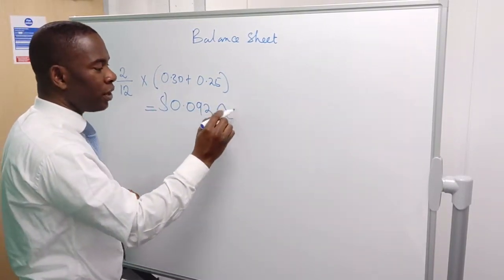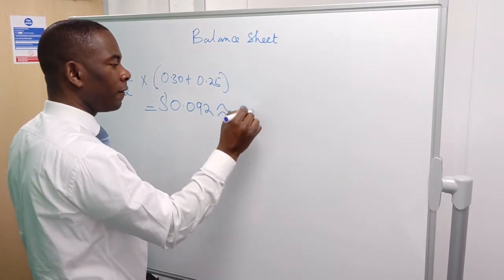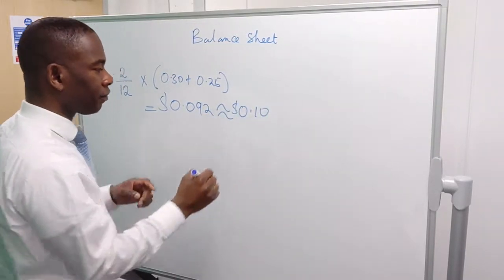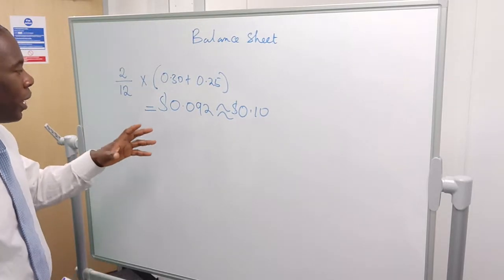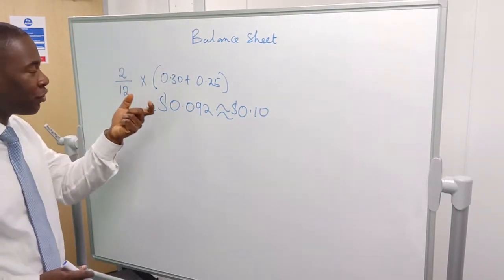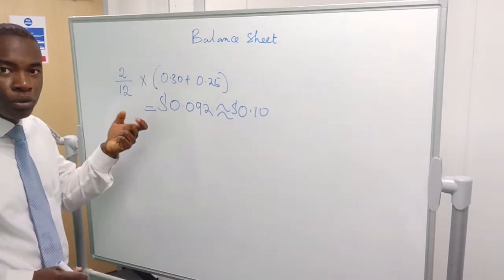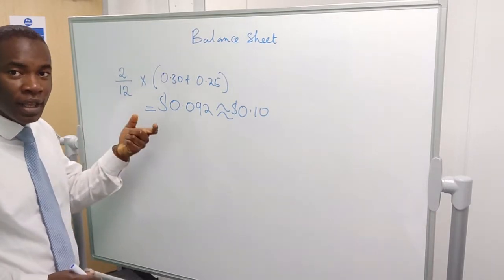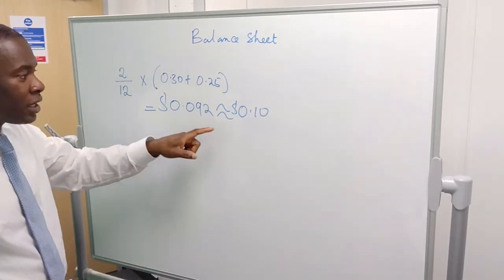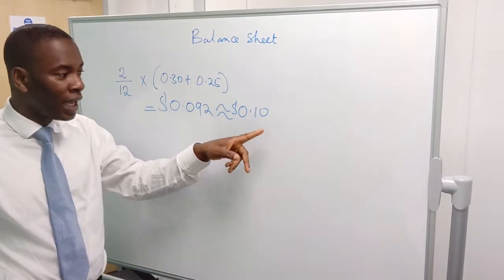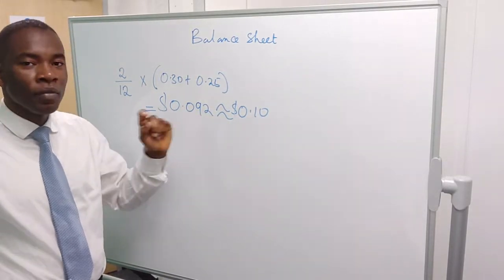Let's approximate it to be 10 cents. So we have those extra 2 that we put on top of the 10 that we sold, increased the cost of goods sold by 10 cents.